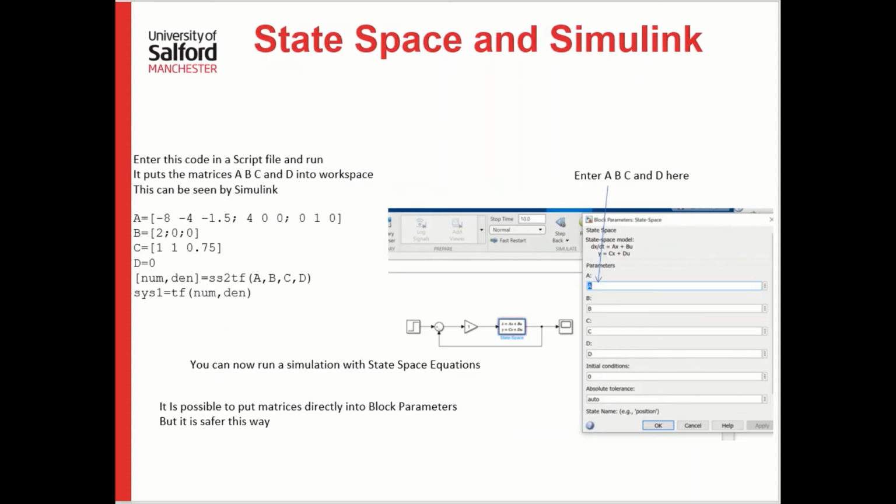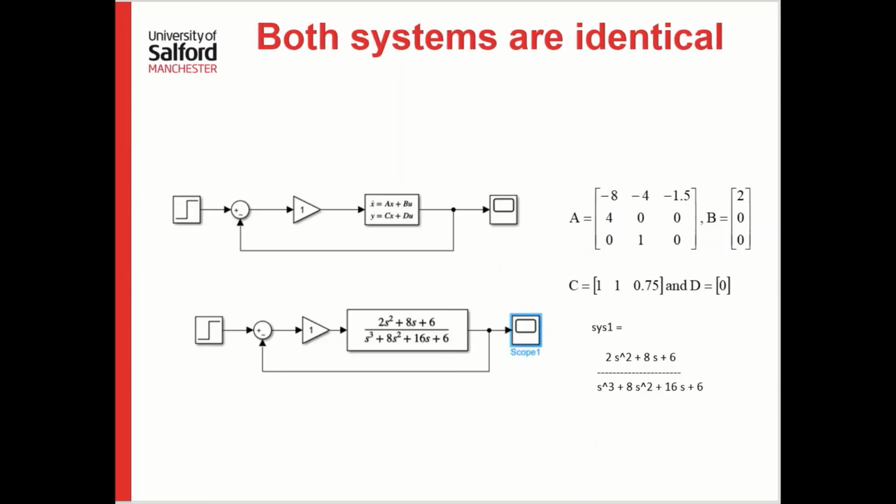So here's a little bit of MATLAB code, with A, B, C. I've also done a state space to transfer function conversion, so I know what the transfer function is. I've then set up my open loop state space equations here, put them into feedback control, taken the numerator and denominator from the same system, and put that under feedback control.